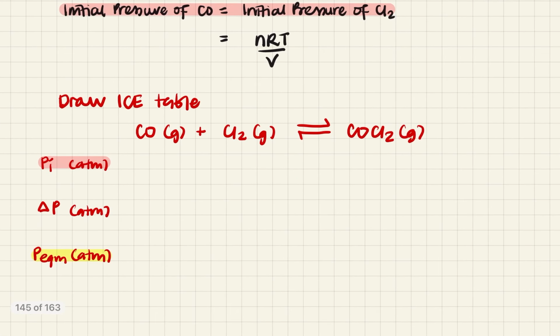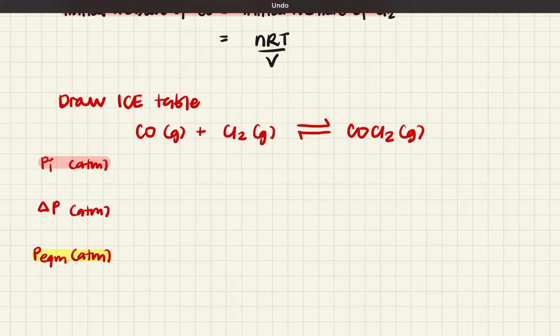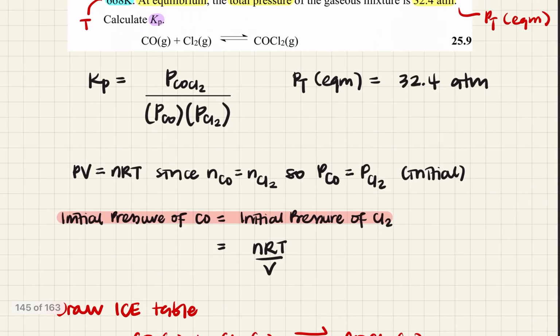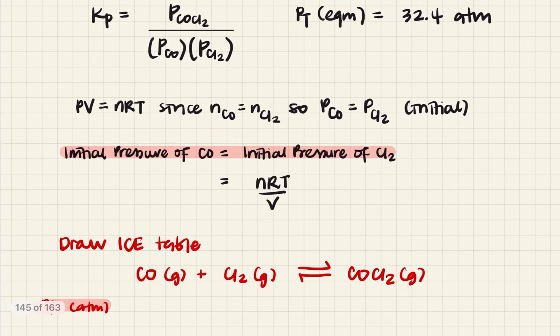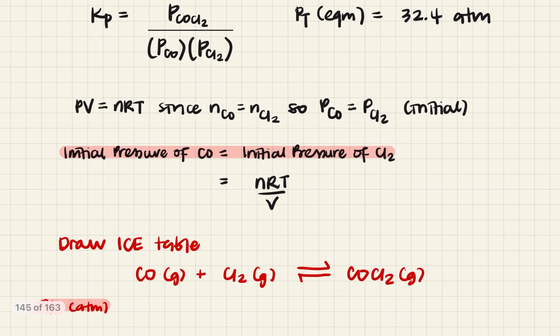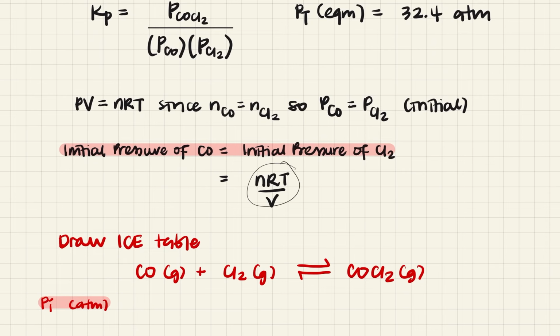Initial partial pressure will be 0, 0, and this will be, sorry. Initial partial pressure will be 31.32. Mana saya dapat? Saya dapat dari sini lah.